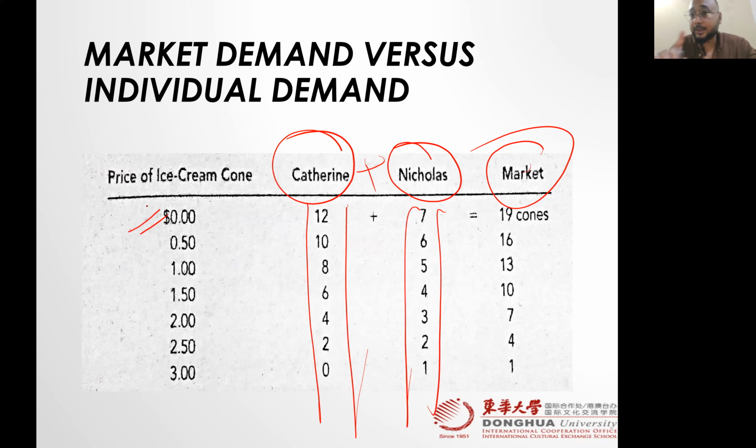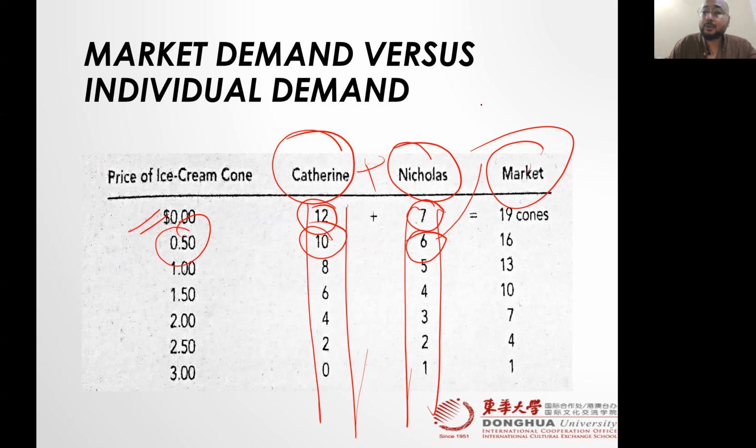At price 0, Catherine wants to buy 12 ice creams and Nicholas wants to buy 7. At price 0.5, Catherine wants to buy 10 and Nicholas wants to buy 6.